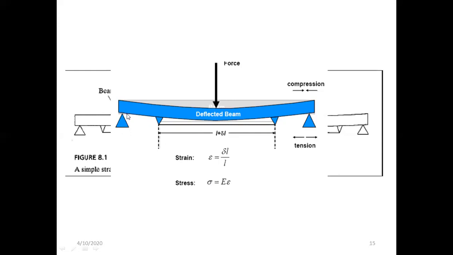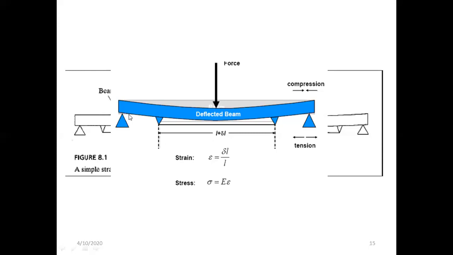A wire is attached to the beam using two standoffs to function as a simple strain gauge. Considering its original length L, when the beam is loaded, its bottom portion, as I explained earlier, comes in tension and the top portion comes in compression. Thus, there will be a change in length, delta L from L, increase or decrease depending upon the condition.